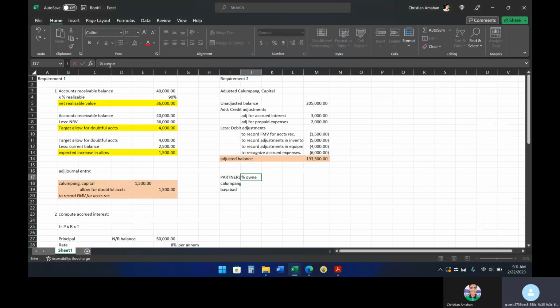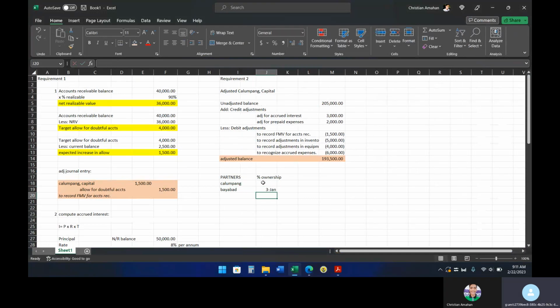If we are to compute the one-third interest for partner Bayabas, it means that to make up 100% ownership of the partnership business, the ownership of partner Kalumpang is at 2/3 of the total capital.